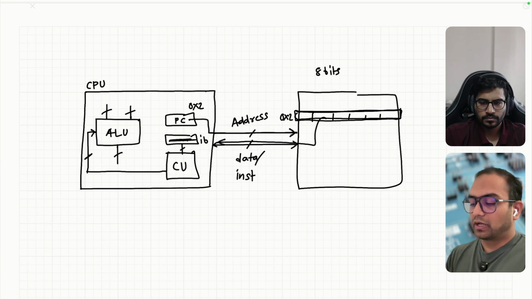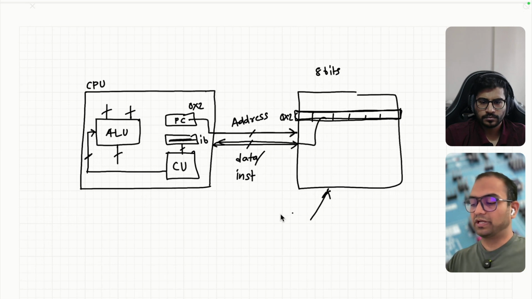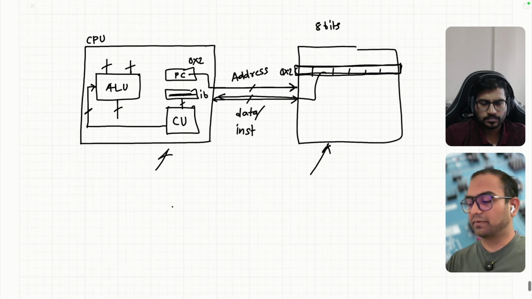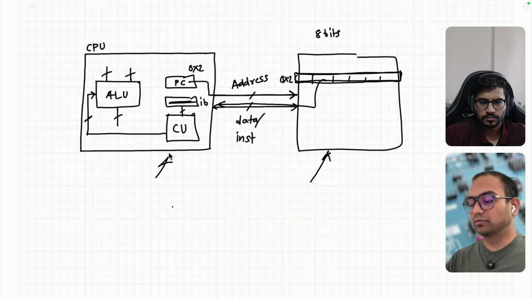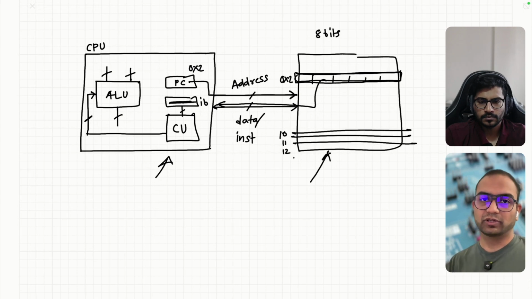Okay, now we'll paint a real picture also as to how the memory evolved with time and how CPUs evolved with time. But now going back to Mohammed's nudge, let's say the ALU was to perform an add operation on memory locations, for example 10 and 11, and put the answer in memory location 12.